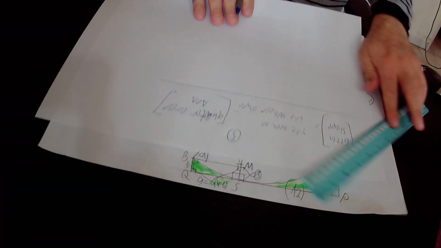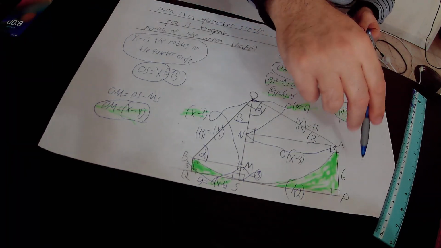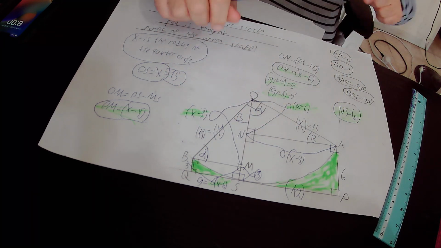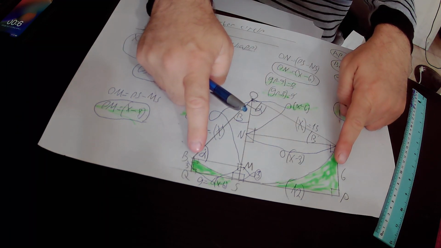It is very easy to see that the area of the whole shape minus the area of this quarter circle AOB will be equal exactly to the area of this green shape, that is the area that we are looking for.